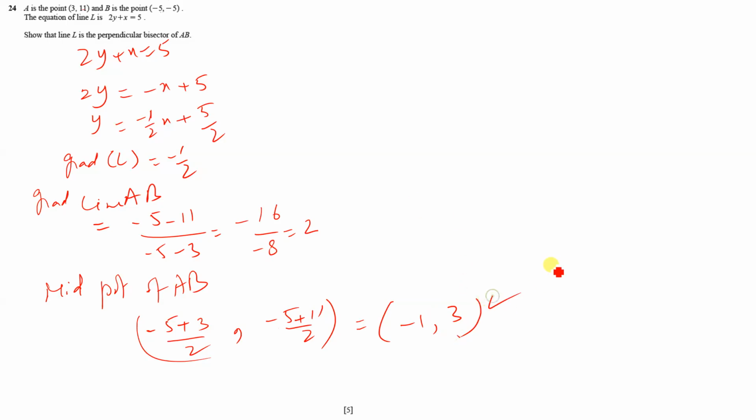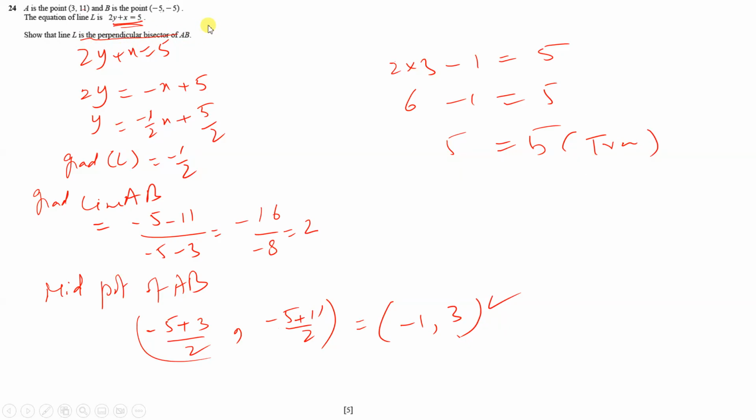So now we need to show that this point lies on this line. So for this, we will check whether this point satisfies this equation or not. So x is -1 and y is 3. So 2 times 3 minus 1 is equal to 5. And this is 6 minus 1 equals 5. So 5 is equal to 5, true. It means this point lies on the line. So this proves the result that line L is perpendicular bisector of AB.